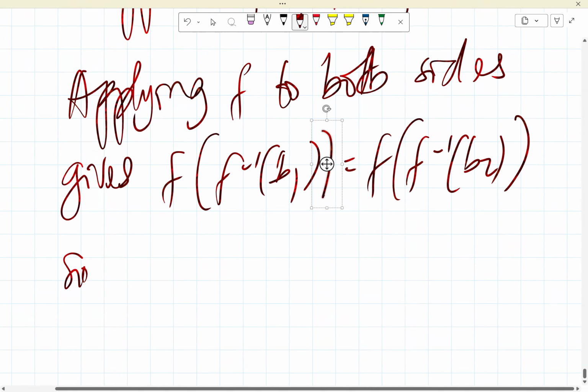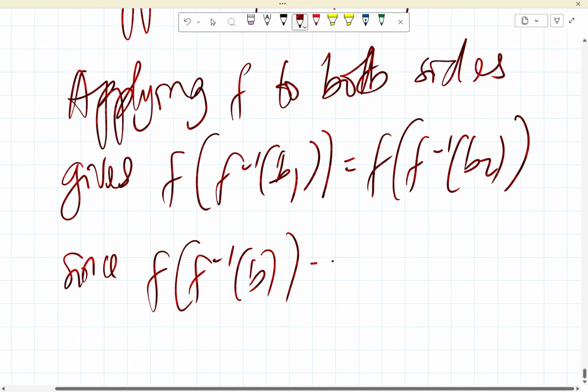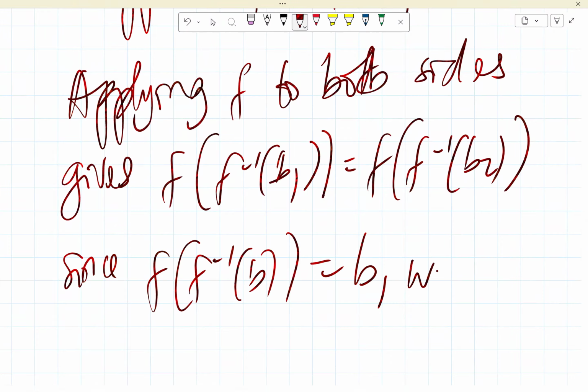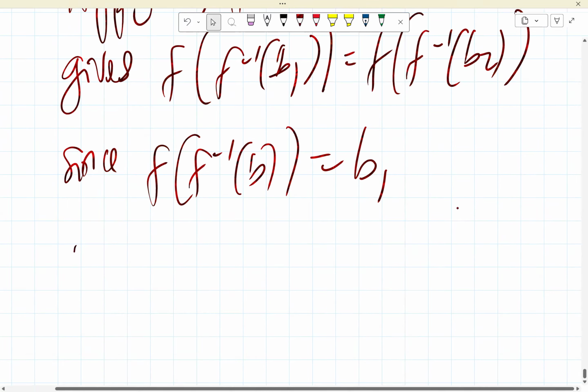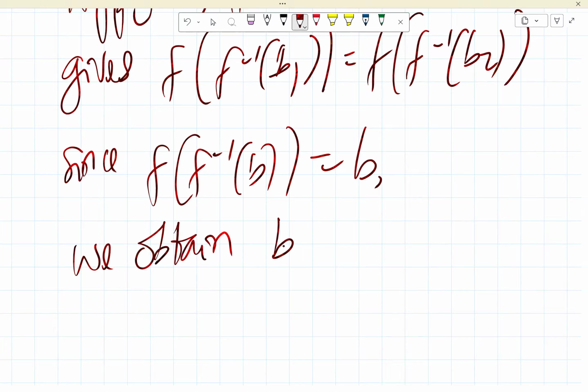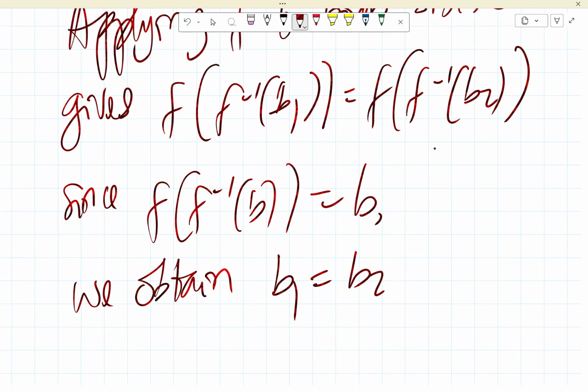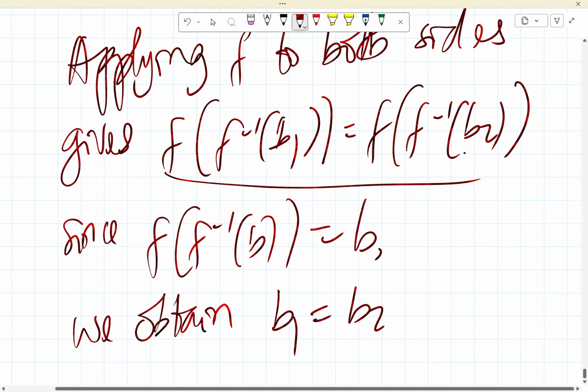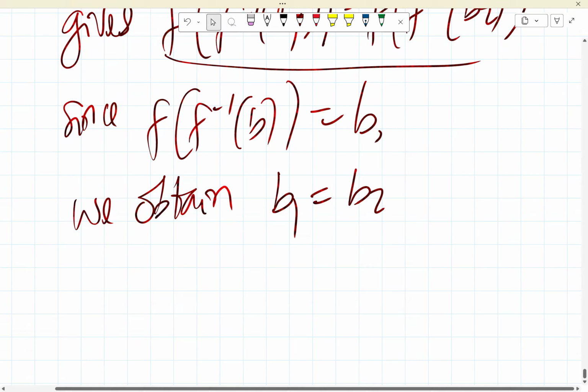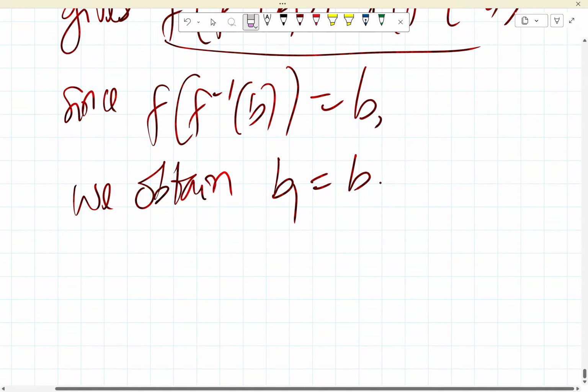And since F of F inverse of b is equal to b, we obtain b1 equals b2.